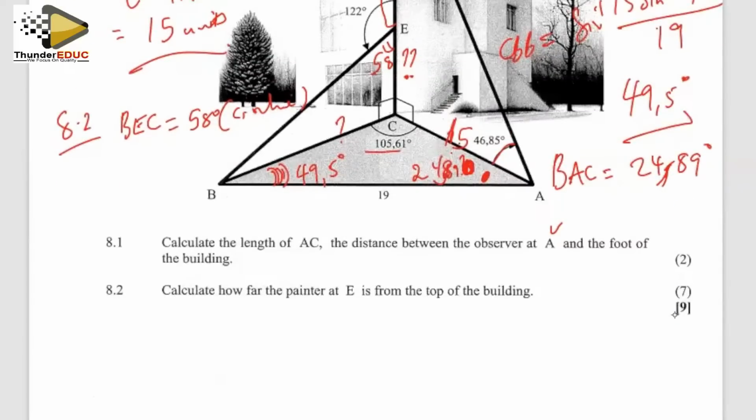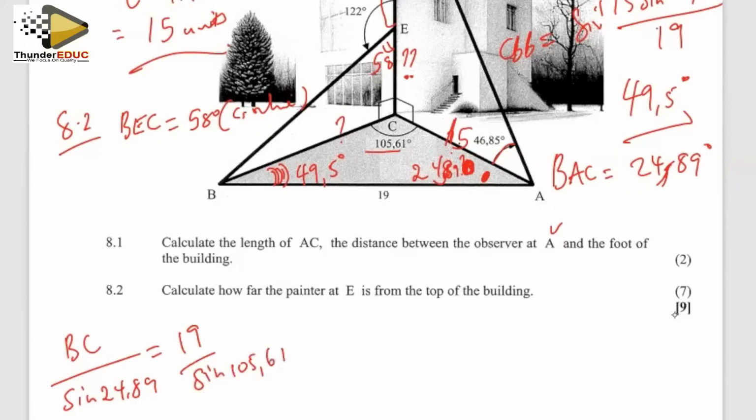So BC over the sine of 24,89 should give me the AB. Let me just substitute this way. AB, which is 19, over the sine of 105,61. So BC over the sine of BAC is equal to AB over the sine of BCA. Sine rule.